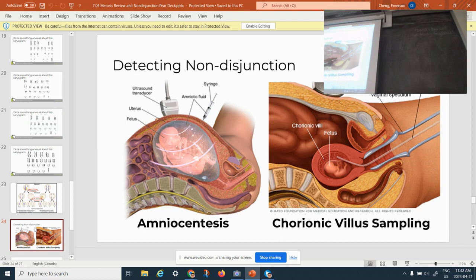That is a lot more accurate, but the risk of miscarriage is also significantly higher since it's way more intrusive. So those are the ways to detect non-disjunction abnormality for an unborn baby. Any questions? Okay.